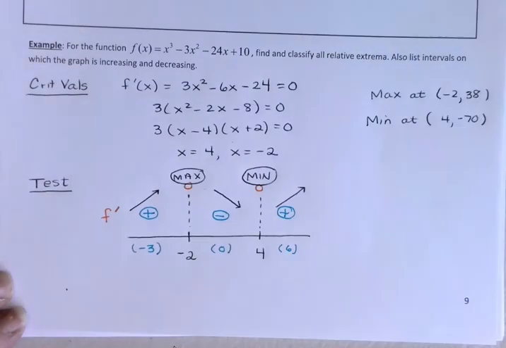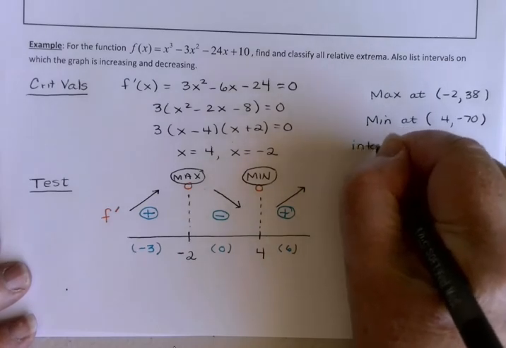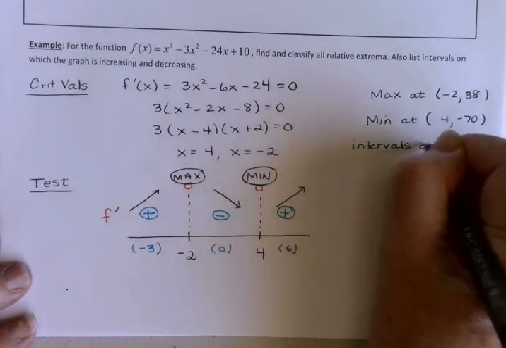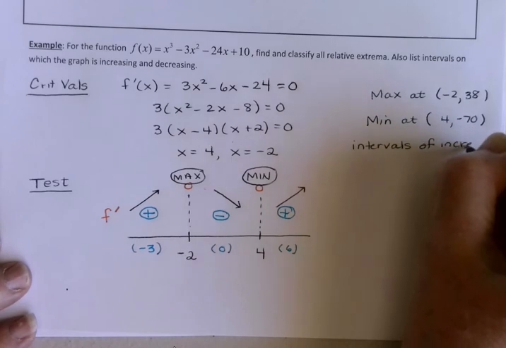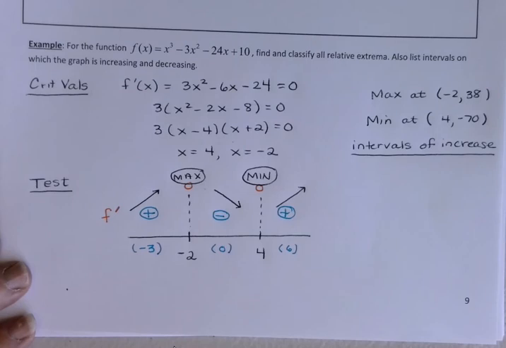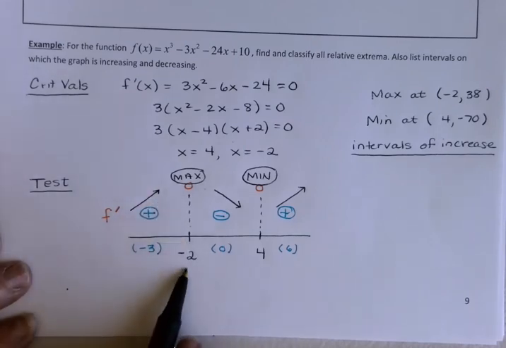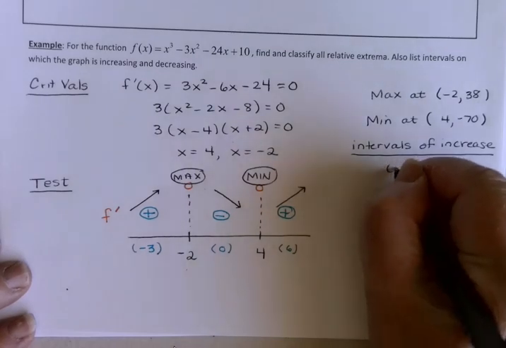As far as the intervals of increase and decrease, intervals of increase, let's see, we're increasing or going uphill from -infinity until we get to -2.